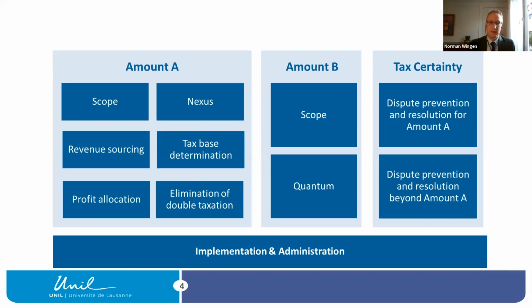There are different approaches to address it. The first one is the elimination of double taxation. In the example where we have a central entity which hosts all the residual profit for AmountA, if that's the paying entity, this paying entity should also relieve the double taxation. So then there's a netting effect.